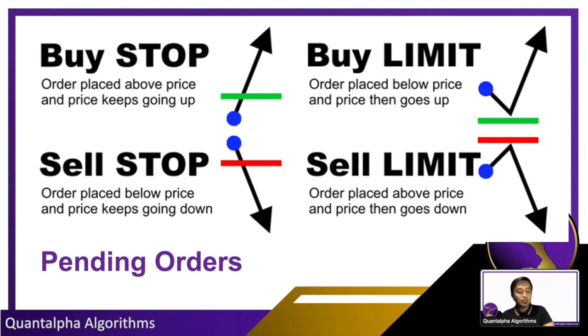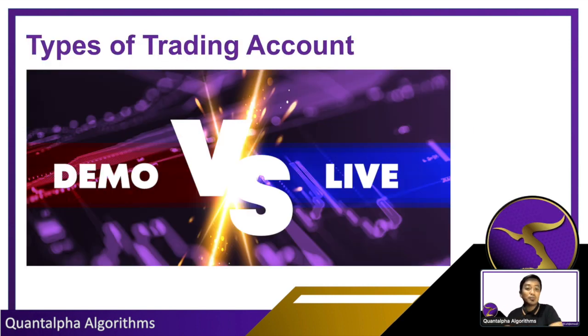Let's move on to types of trading account. We only have two types of trading account, the demo and the live. The difference is quite easy, because in a demo account, our money is fake. Virtual money, that's the right term.